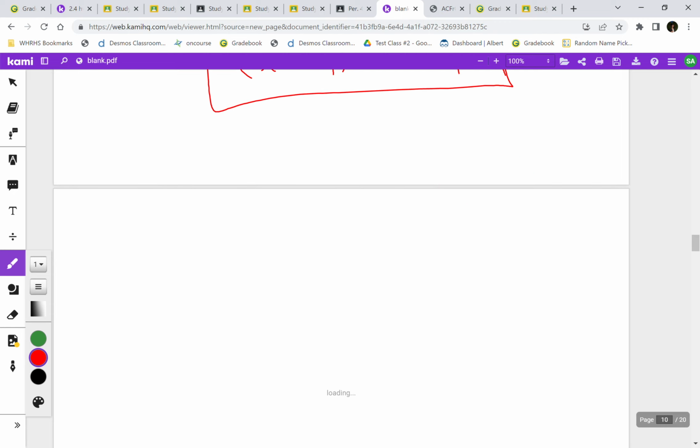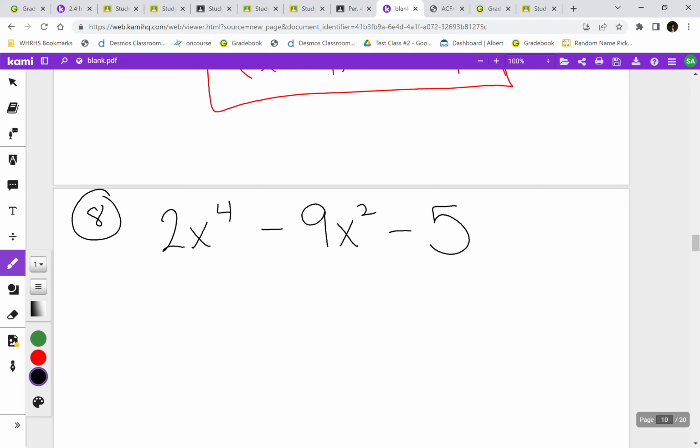All right, next one. Can we use substitution? Yeah, so I'm going to let a equal x squared.